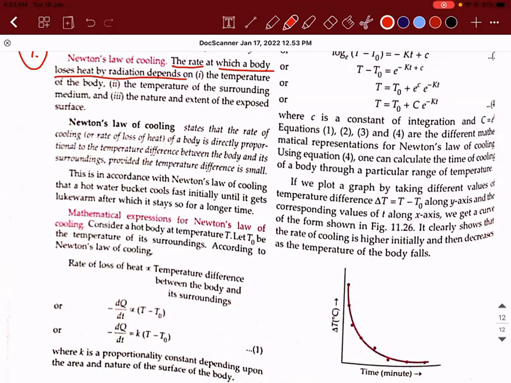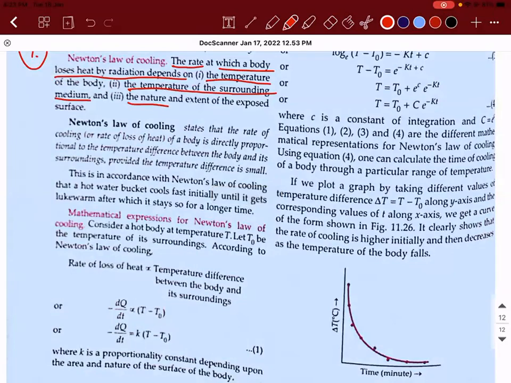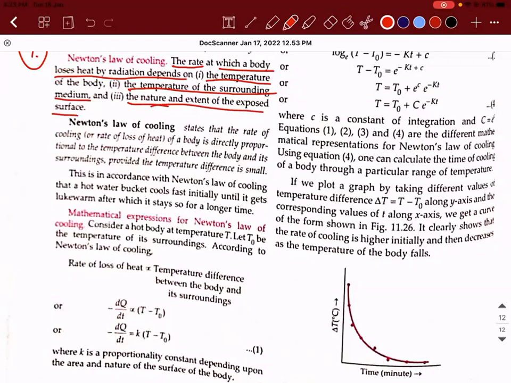It depends on the temperature of the object. Secondly, it depends on the temperature of the surrounding medium. And lastly, it depends on the nature and extent of the exposed surface. So these are the 3 parameters on which Newton's law of cooling works.